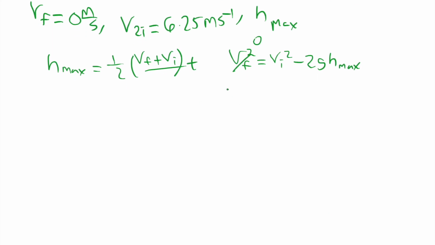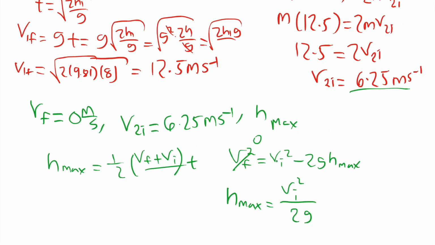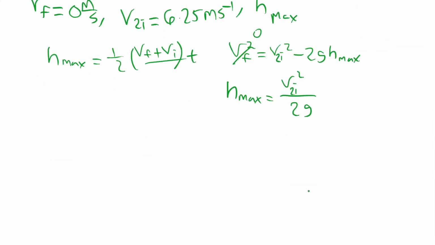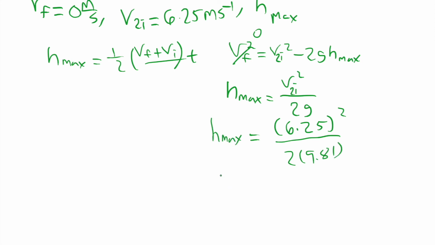So h max is equal to vi squared over 2g. Here it should actually be v2i, sorry. So this is equal to 6.25 squared over 2 times 9.81, so h max is equal to 2.0 meters.